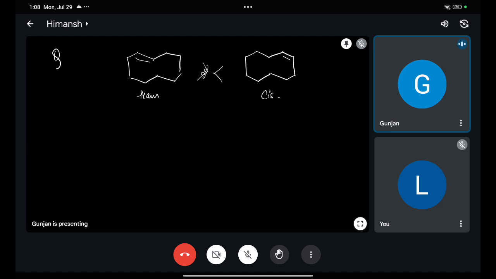The reason behind it is this is the hydrogen which is present over here. This hydrogen will try to repel the hydrogen that is present over here. Getting it? But here the hydrogen is quite dispersed like this. But in the case of the other isomer, two repulsions will be there.